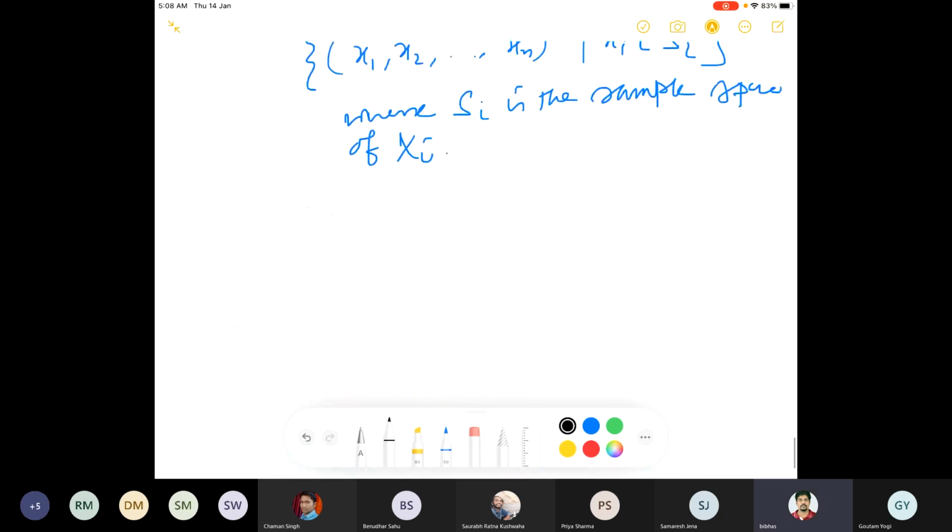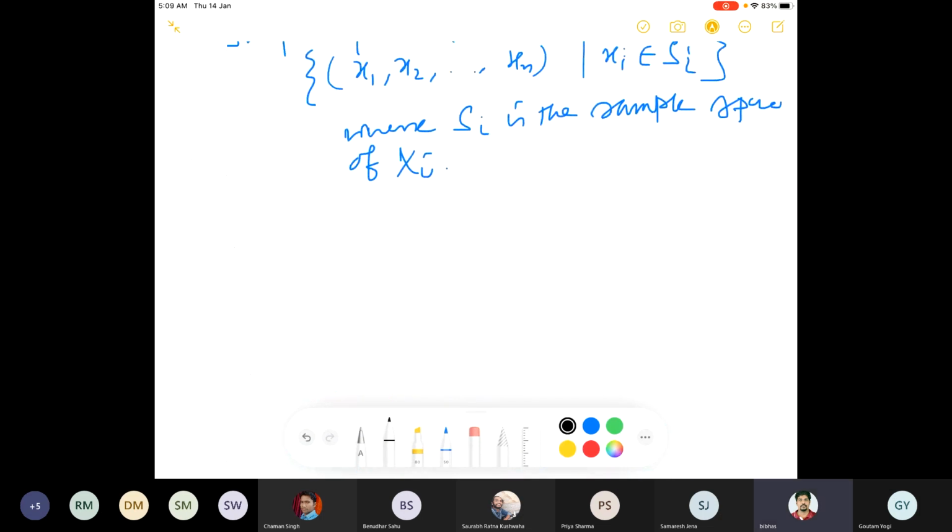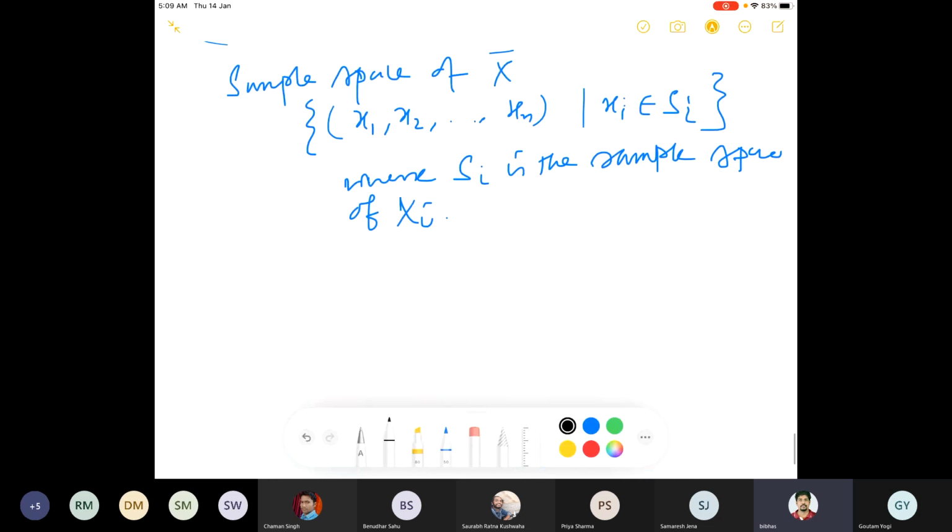Okay, so instead of two random variables, let's say we have three random variables. Let us first consider an example. So let us say let x, y, and z be a joint random variable.